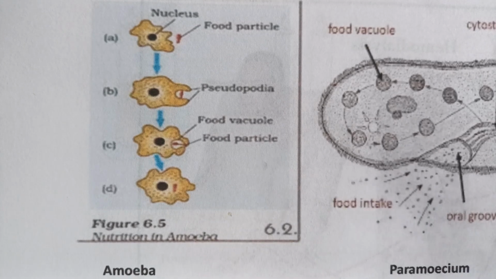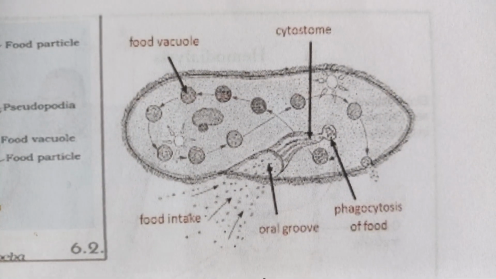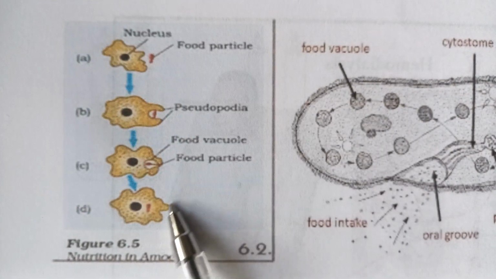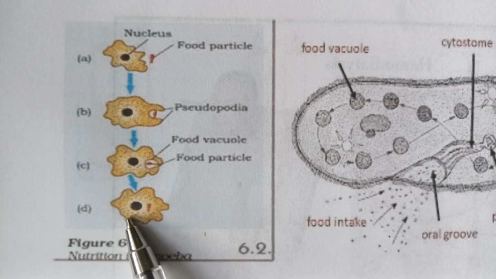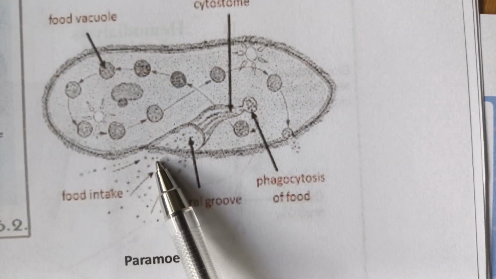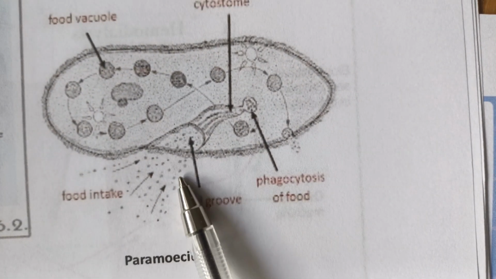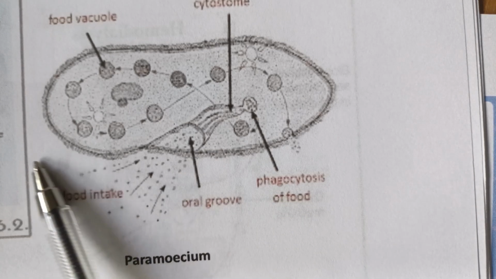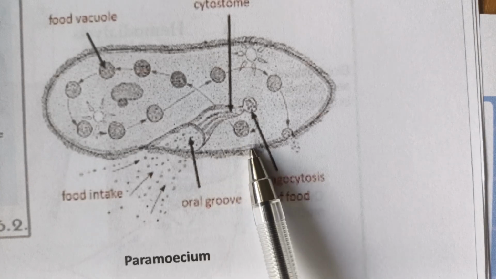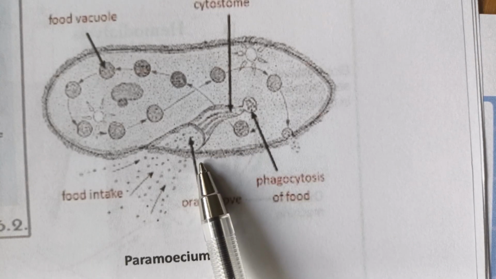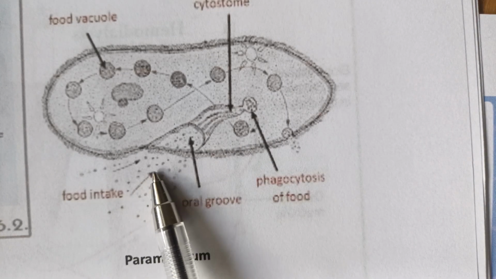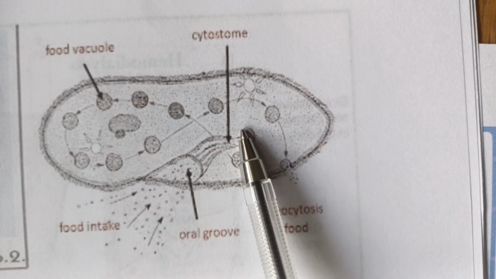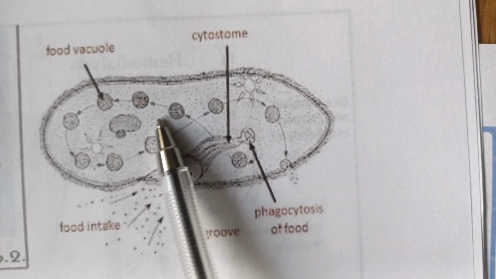Okay, and the same is the process in paramecium, but paramecium differs from amoeba. Amoeba can take food from any surface point. Paramecium has a single oral groove on its surface, and the food particle is pushed by the cilia on the surface of the paramecium towards the oral groove, and then the food enters through the oral groove and goes into the cytoplasm.